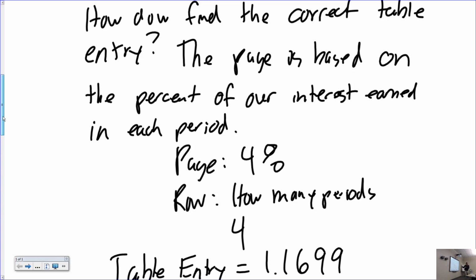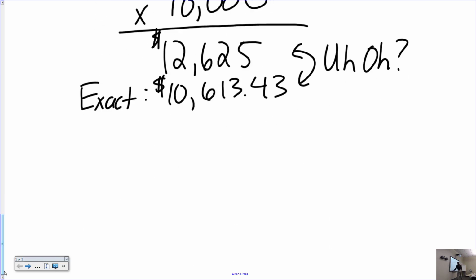But remember, how are we compounding this? Quarterly? How much interest do we earn in a quarter of a year? Wouldn't you take the 6 divided by 4? What percent are we earning each period? 1.5%. So there's the trick, folks.